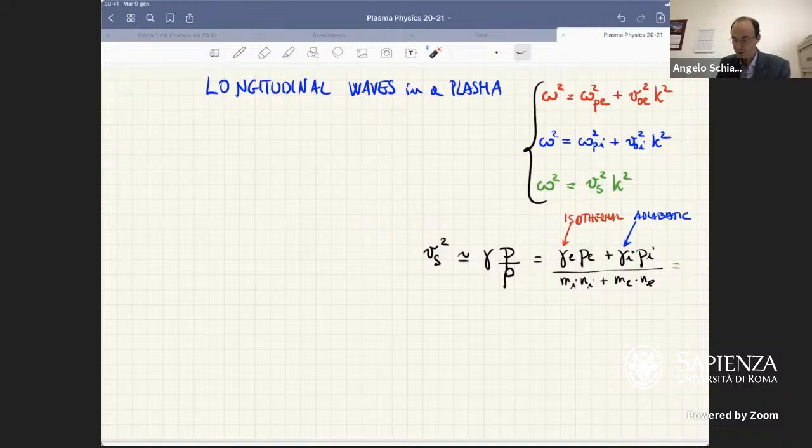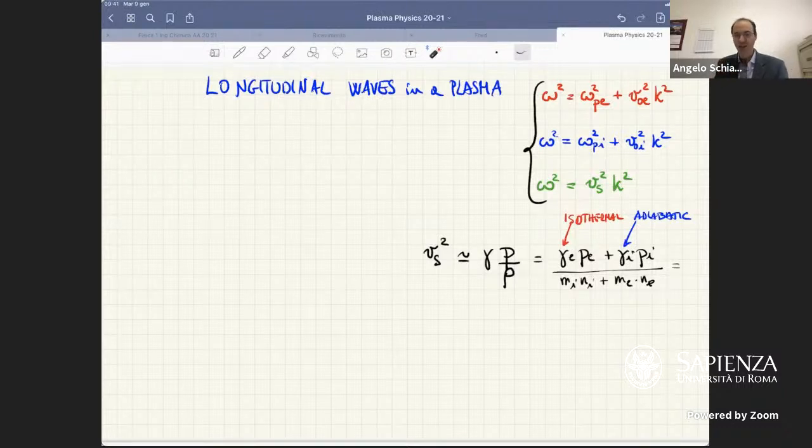So this gamma is not exactly just the usual adiabatic index, but the index of the polytropic transformation that corresponds to the thermodynamic transformation linking the final and initial state of our species during the wave motion.